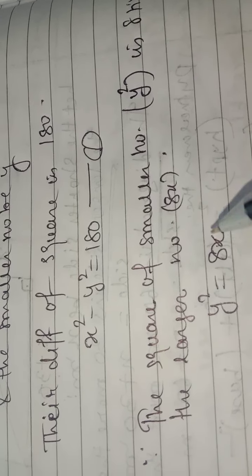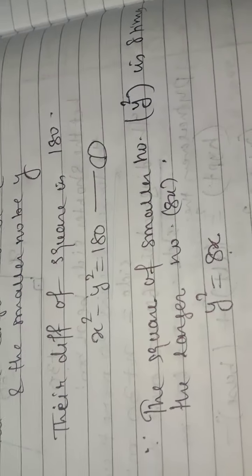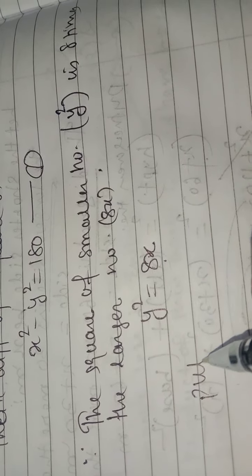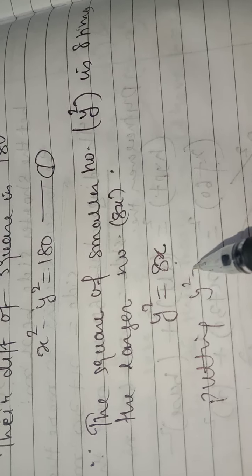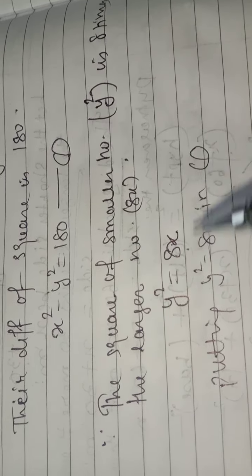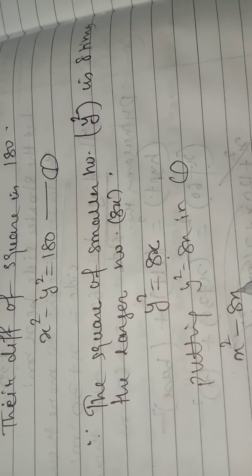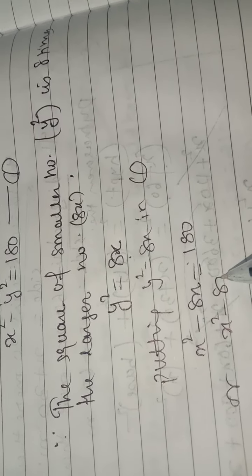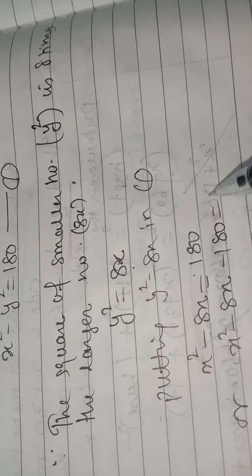Clear? So in this way, if I put it in 1, I will get a quadratic equation. How? Putting y square is equal to 8x in 1, what will I get now? x square minus 8x is equal to 180, or it can be written as x square minus 8x minus 180 is equal to 0.